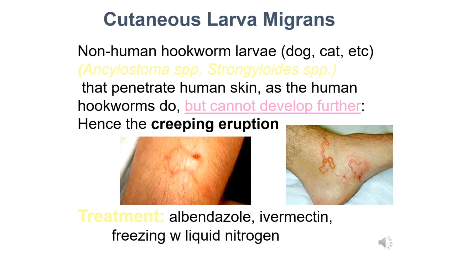So it keeps on migrating under the skin, producing inflammation along its tracts, like you see in this picture. Now you can easily understand it, and hence the name cutaneous larva migrans. Treatment is albendazole, ivermectin, or treating them locally, like freezing with liquid nitrogen.